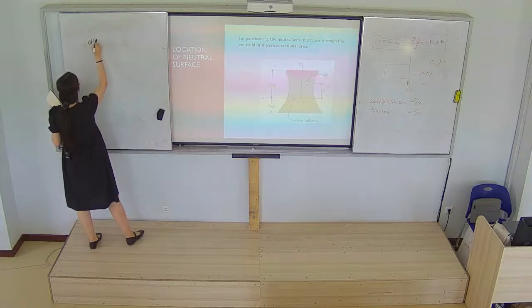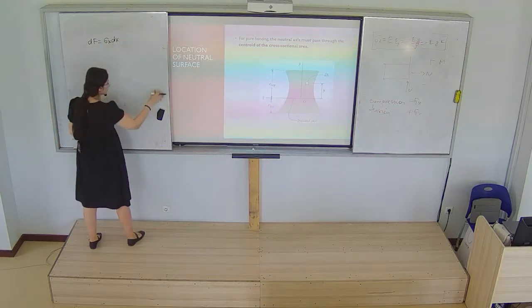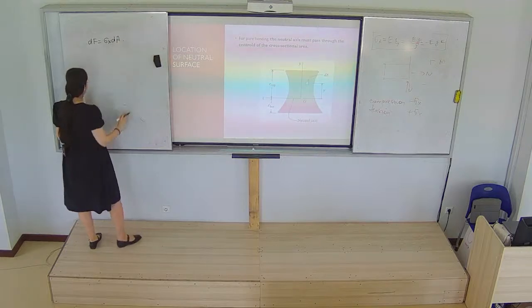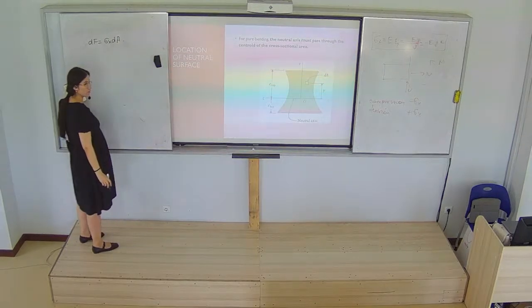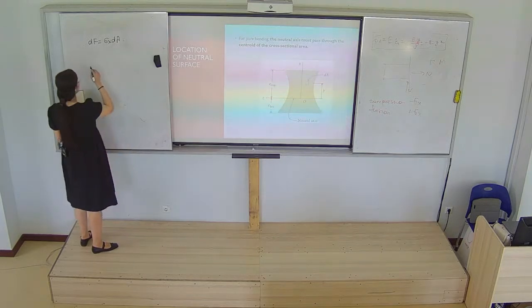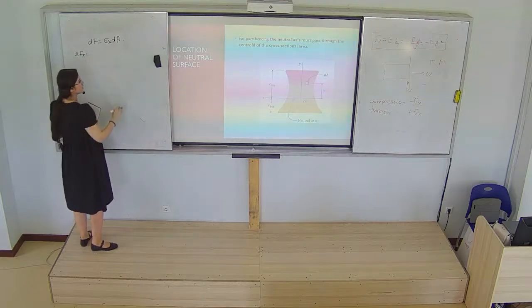If I wrote dF is equal to sigma x multiplied by dA, do you agree? Yes, right? Because normal stress is equal to F over A. So, I will write free body diagram about the x direction.